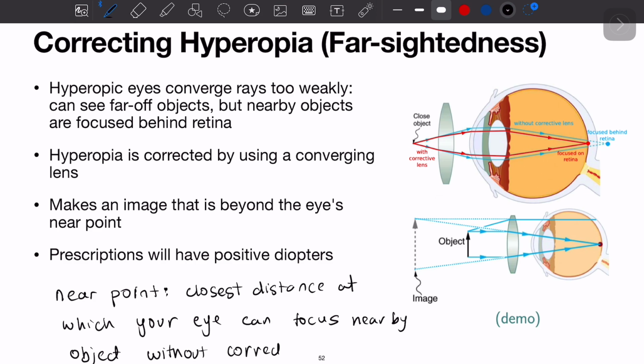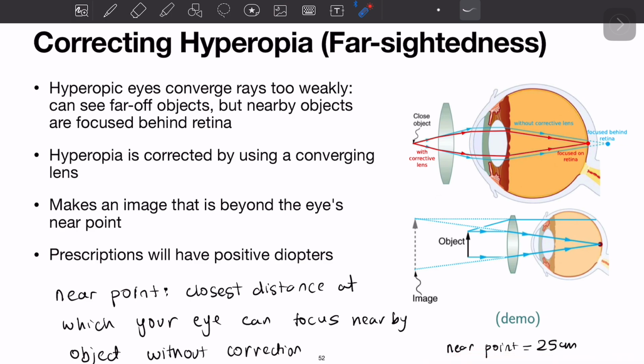Now, for people with perfect vision, that near point is 25 centimeters. So basically we want our eyes to be able to focus something that's as close as 25 centimeters or further away. Closer than 25 centimeters, that's pretty much right up against your face, and we don't have the need to focus things that are any closer than that.